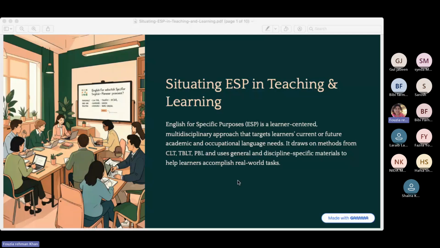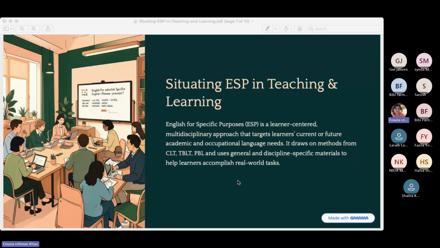So the initial method or the beginning of language teaching methods actually were teacher centered. And as we move forward to communicative language teaching, the focus from the teacher went to the students. Classes became student centered, and by research we found that student centered classrooms give more chance to the students to learn, rather than the teacher centered classroom.